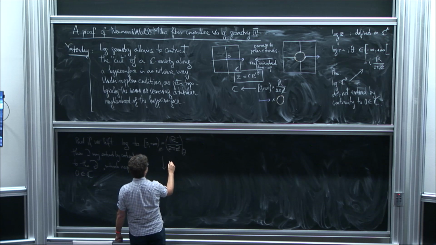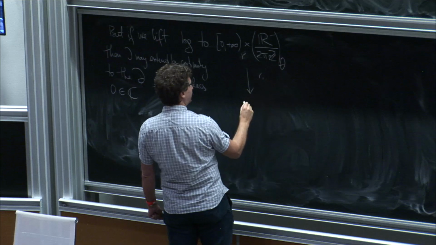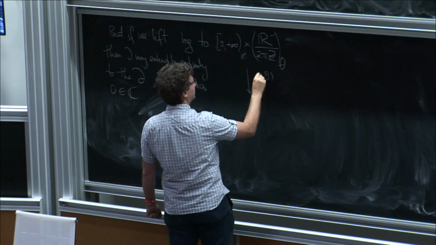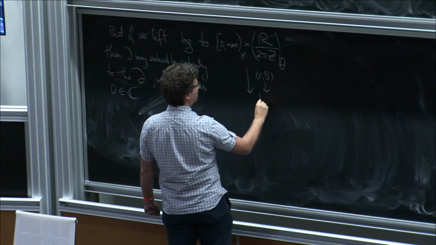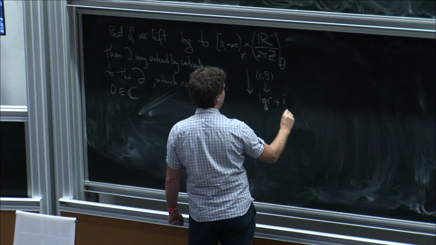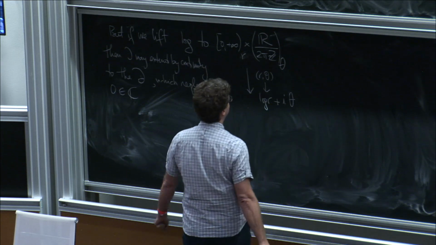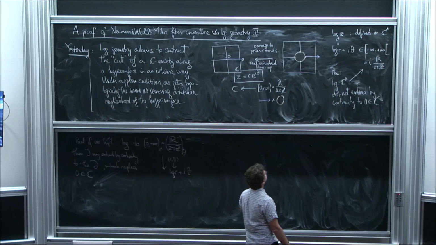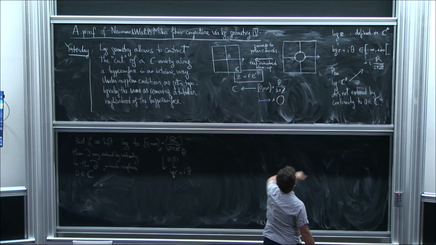So here the map is simply (r, theta) goes to log r plus i theta. And so what is the target is exactly the same as before.